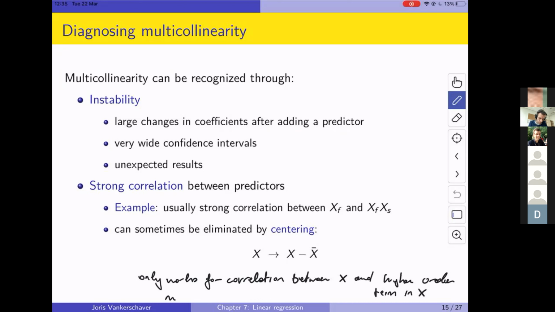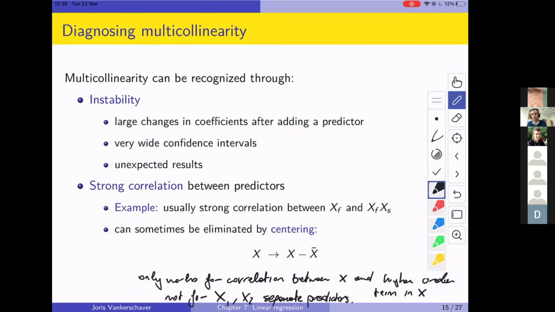It does not work for two completely separate predictors. For that, you have to do something more subtle.